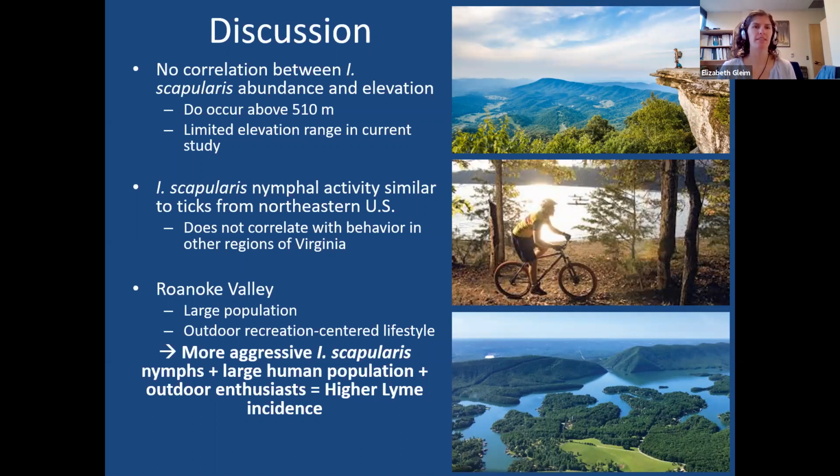Roanoke markets itself on an outdoor recreational lifestyle. People move here to be outside. We've got tons of national parks, state parks. We've got some of the best mountain biking in the country, lakes, the Appalachian Trail. We've got it all. And so we have a large population, many of whom are seeking outdoor recreational activities.